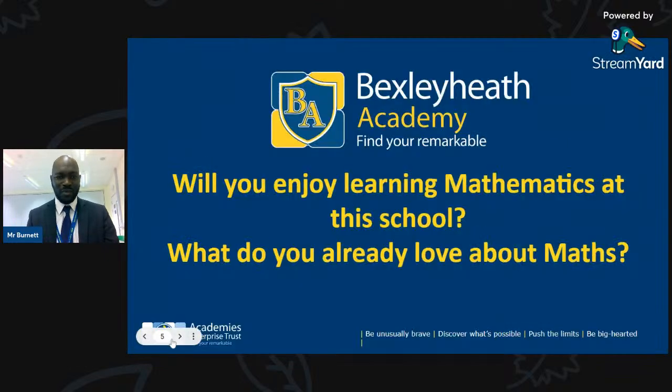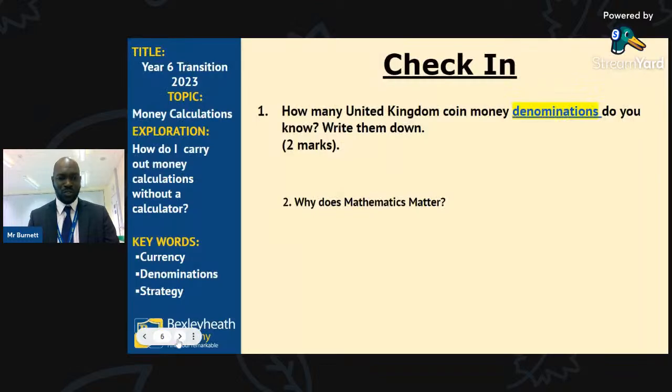Okay, so at this time, we're going to ask you to please take part in our check-in. Now, in our school, the first part of the lesson is called the check-in, where we normally ask you to give a few answers based on what you probably may already know, so you feel as if you can be a part of your lesson. And today we have 2 questions.